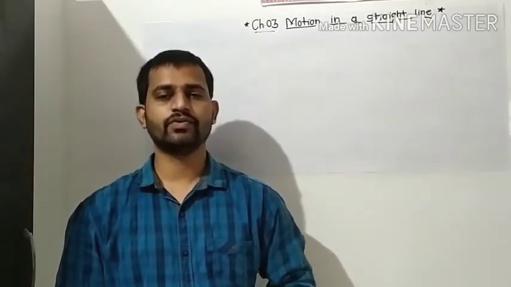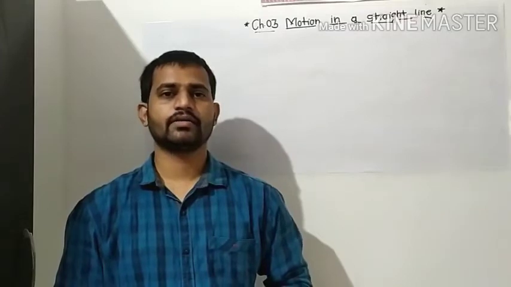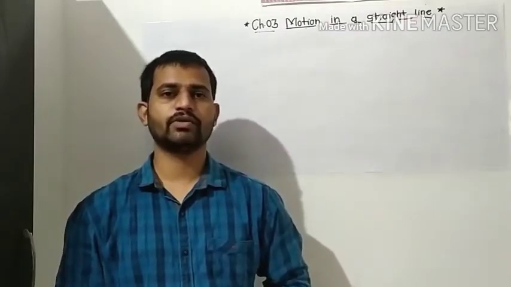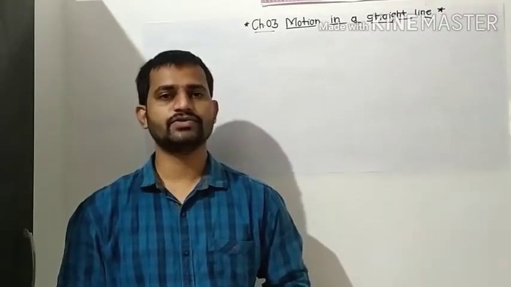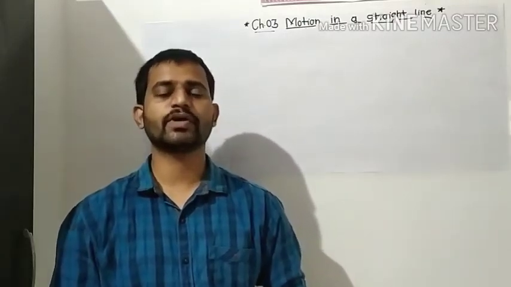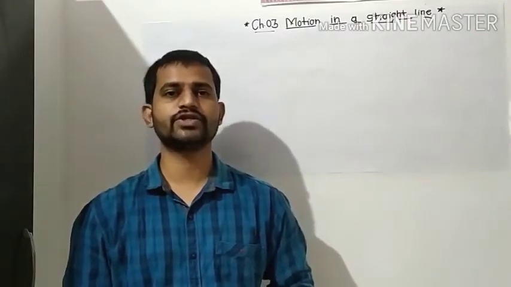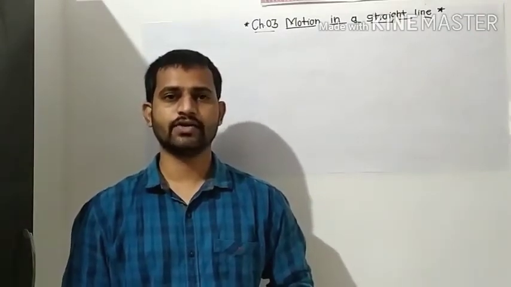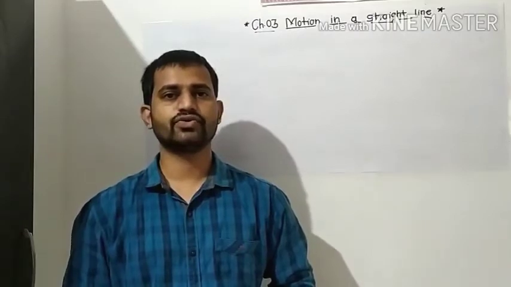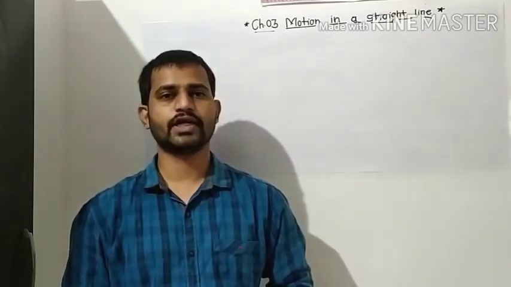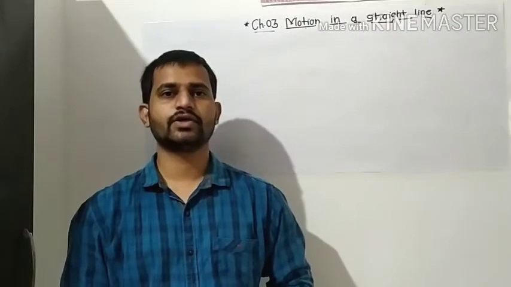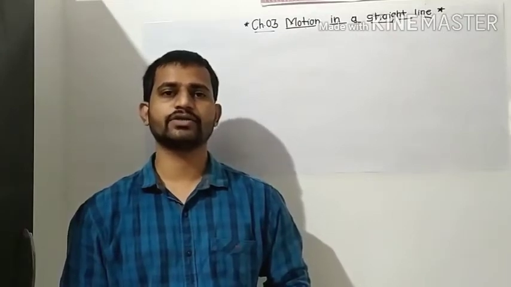We have to prove the kinematic equations of the linear motion with the help of the method of integration. As we know, the three equations of kinematic motion are: the first one is v is equal to u plus at, the second one is s is equal to ut plus 1 half at square, and the third one is twice as is equal to v square minus u square.